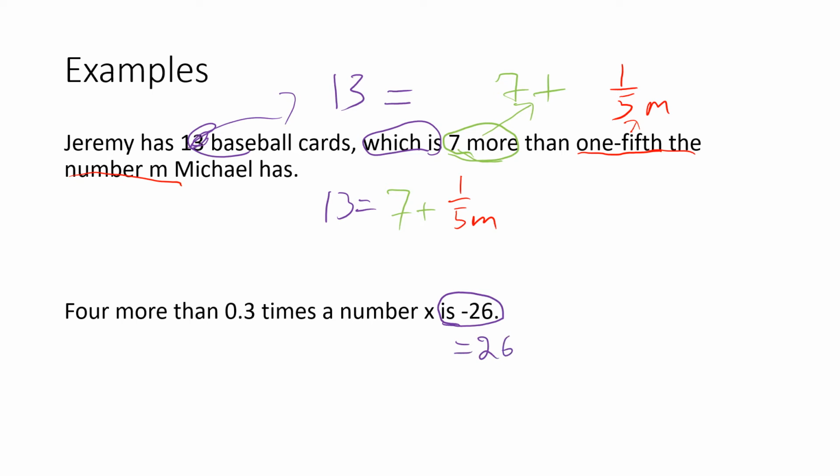Now let's go back. 4 more, that is an addition. 4 more than 0.3 times the number. The number we're told is x, that's an unknown, so we're going to write that as 0.3x. That's this part here.